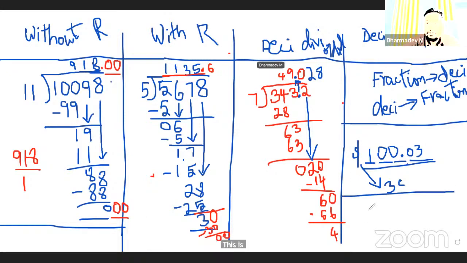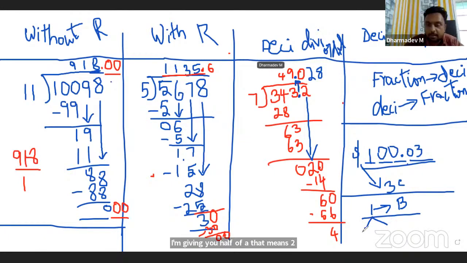Okay. Now let's say you're eating one loaf of bread. I'm giving you only half of it. So how much do you get? That means 2 pieces.